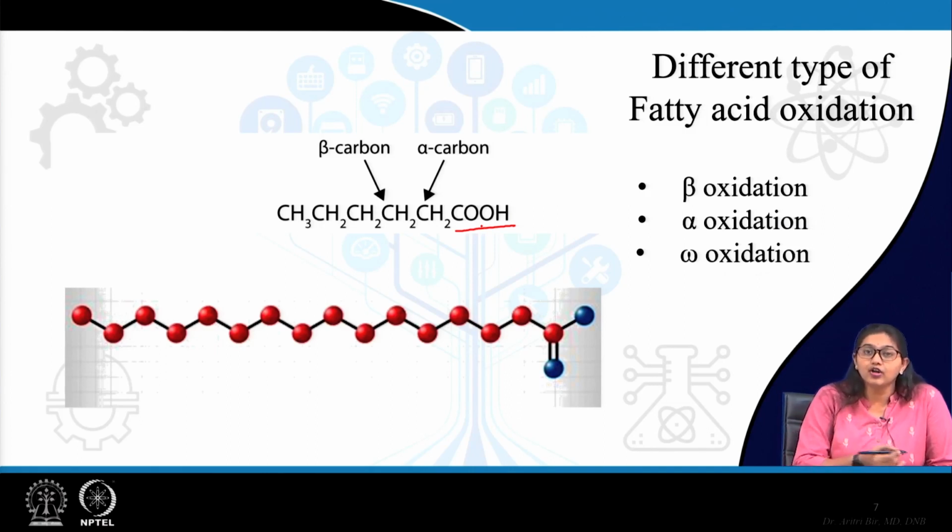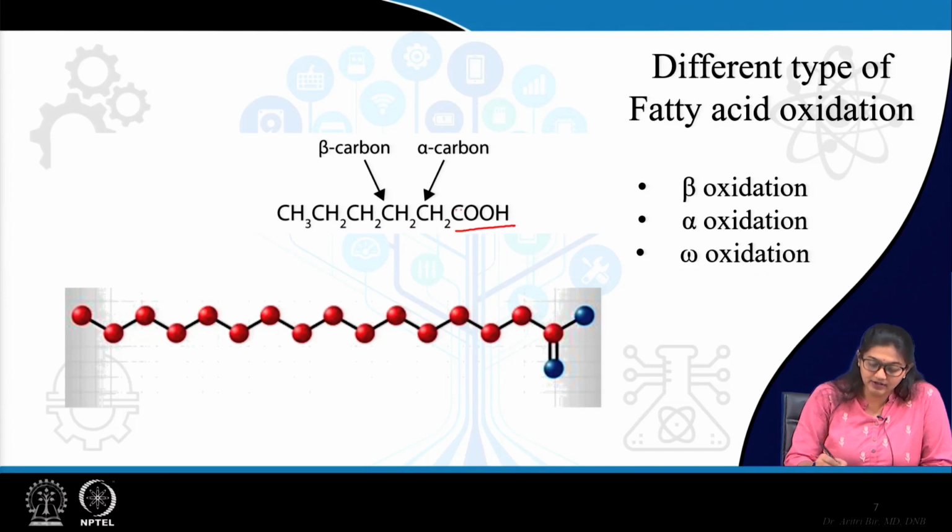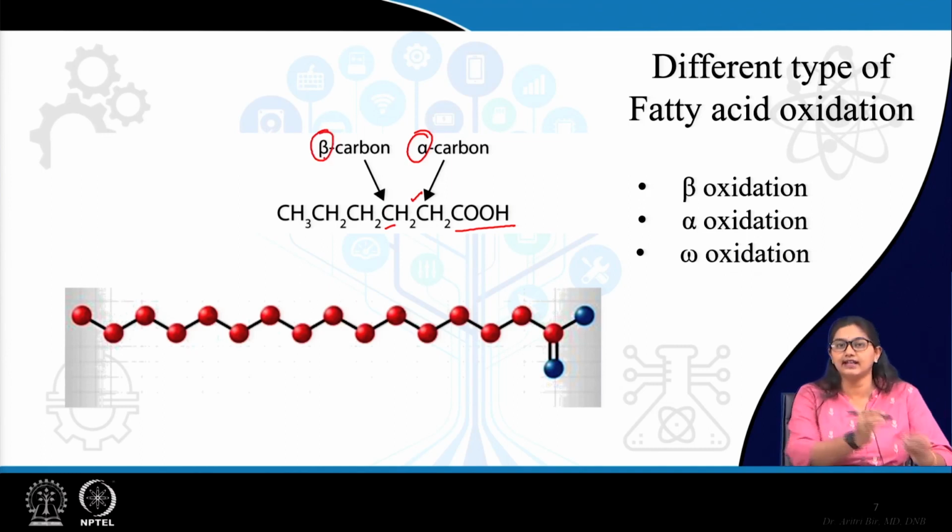The naming of the carbons is part of chemistry you should remember: the first carbon adjacent to the carboxyl group is known as alpha carbon. The next one is beta carbon, then it goes on alpha, beta, gamma, delta likewise.